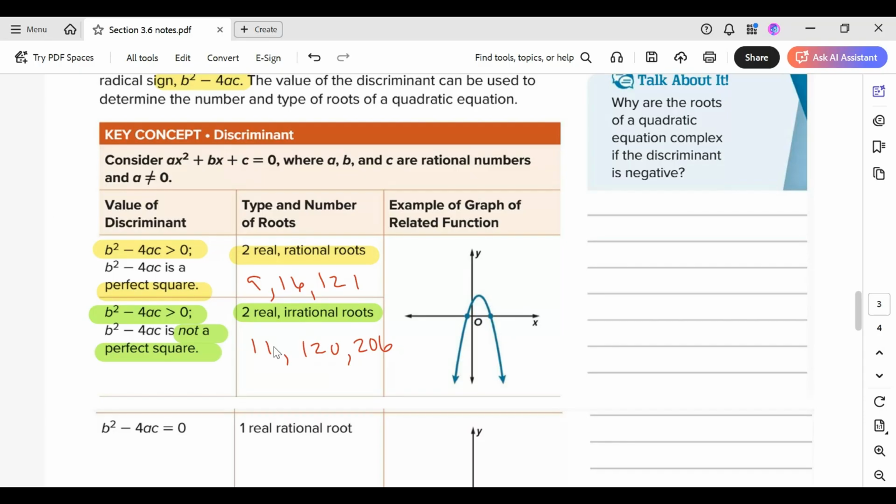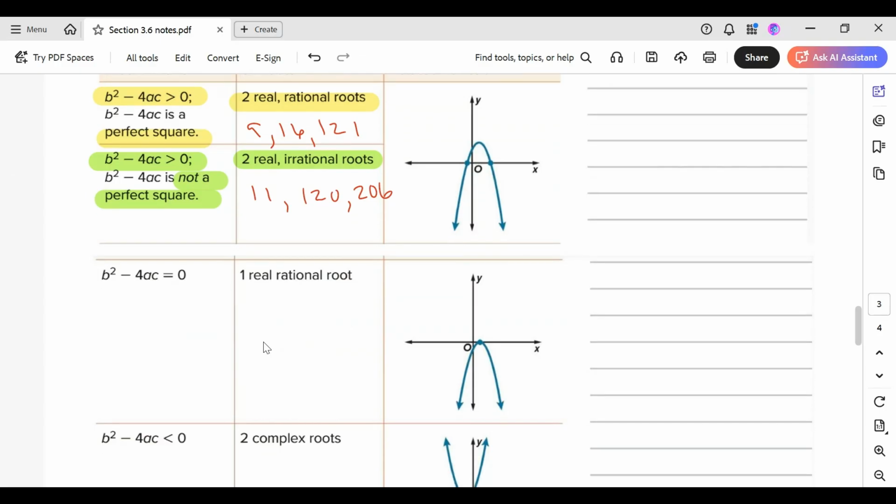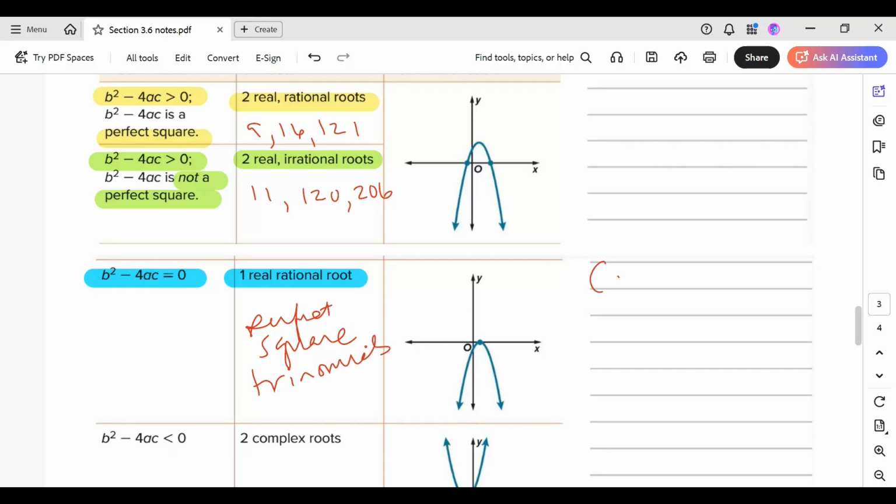Now, if b squared minus 4ac resulted in 0, you have one answer, it's a rational root, which means these are your perfect square trinomials. For example, if you ended up in the form of a plus b squared or a minus b squared, those are your perfect square trinomials.